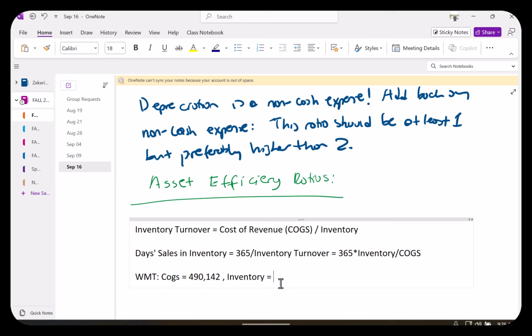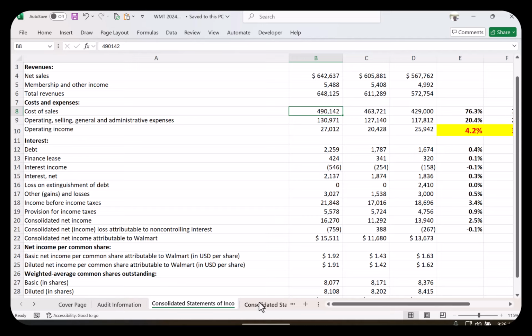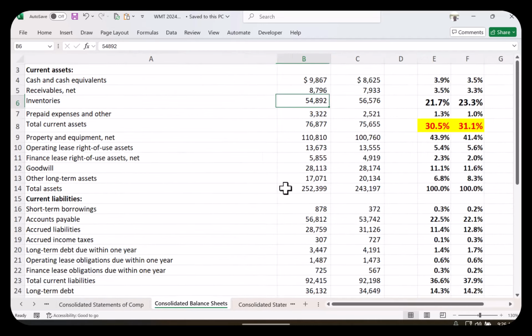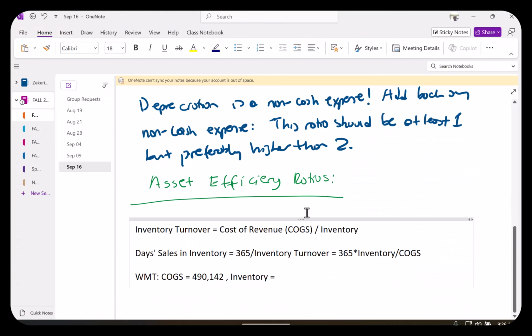Remember, we figure out cost of goods sold from income statements, inventory from balance sheets, and that's 54,892.